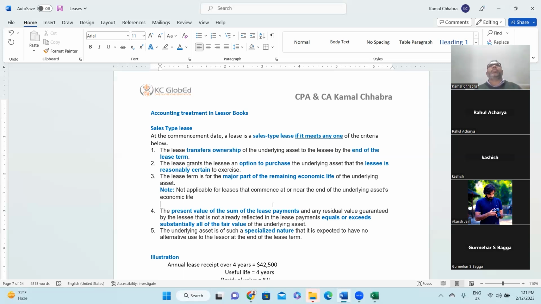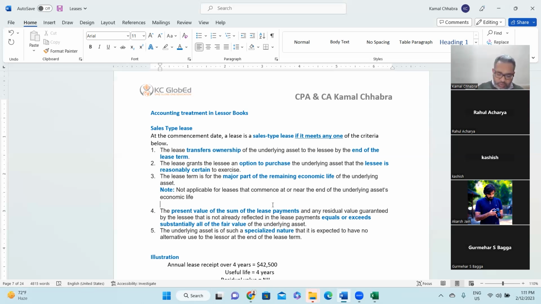Very good point. So the standard is looking at it from both perspectives. One is from the lessee's perspective, when you are receiving any asset, at that point of time it is considered as a finance lease. But when you are a lessor, you are giving an asset, whether you should recognize the revenue at that point of time or defer the revenue.